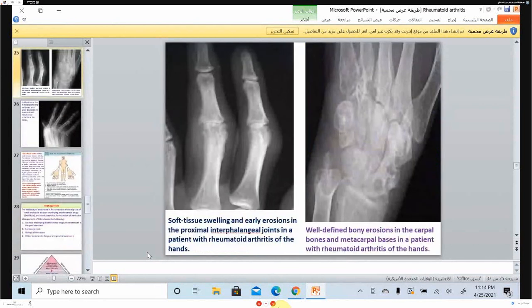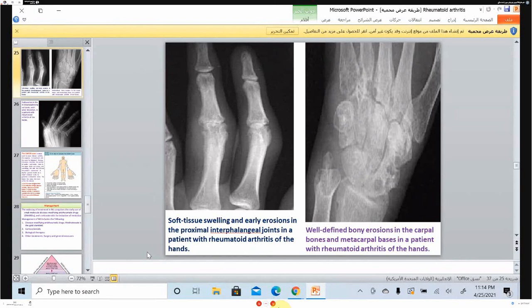Here is an image, notice the soft tissue swelling and an early erosion of the proximal interphalangeal joints in a patient with rheumatoid arthritis of the hand. Notice the soft tissue swelling and early erosions of the proximal interphalangeal joints.